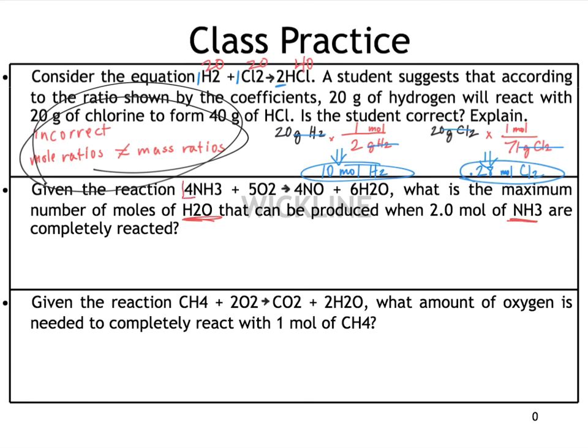So I do know that 4 moles of ammonia can produce 6 moles of water. And I know that in this particular case we are using 2 moles of ammonia. So I'm going to take the factor 2 and make a fraction 2 over 4. And now I just need to know x, which is how many moles of water would be produced.